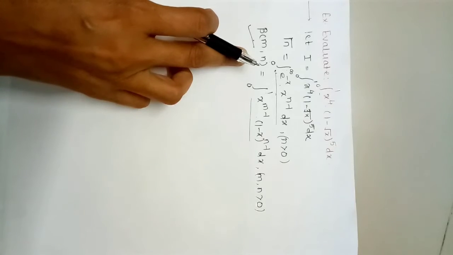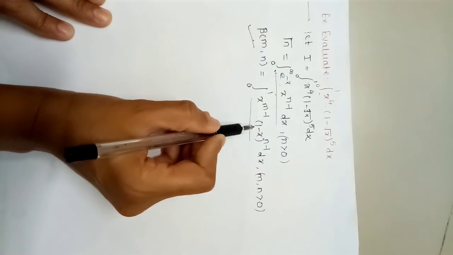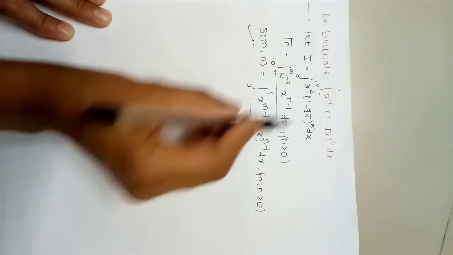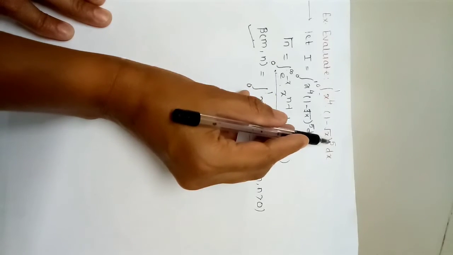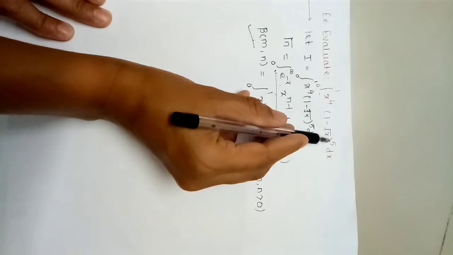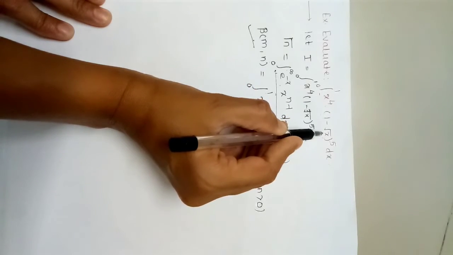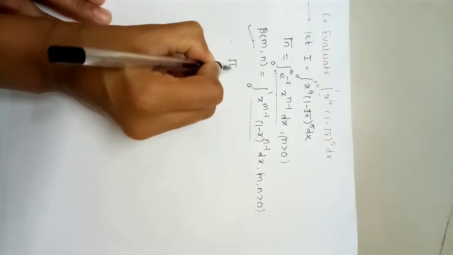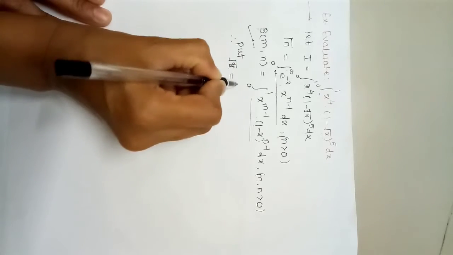Now since this definition of beta function, can you observe one thing, that the second bracket in the definition is 1 minus x raised to n minus 1. But here the second bracket is 1 minus root of x raised to 5. And therefore, first I will remove this root. Put here root of x is equal to t.